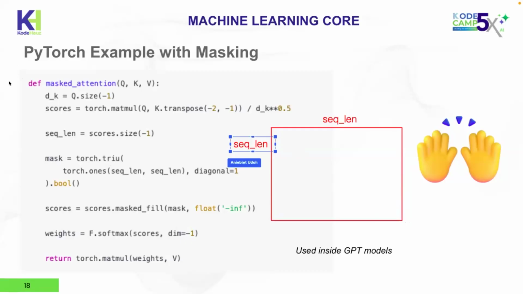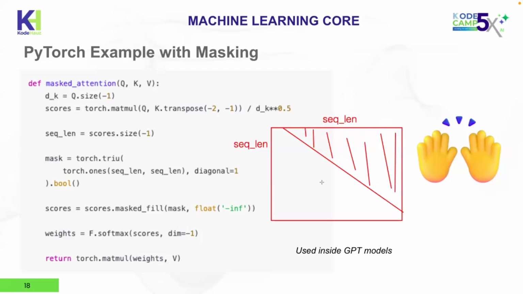It's going to trim off the upper side. Triu means triangular upper. Those ones will be zeros, while everything on this side will be one. Then you convert them to Boolean, and that makes a mask.